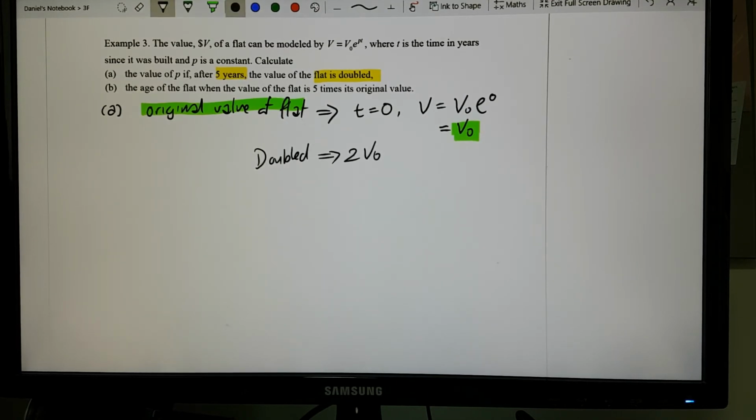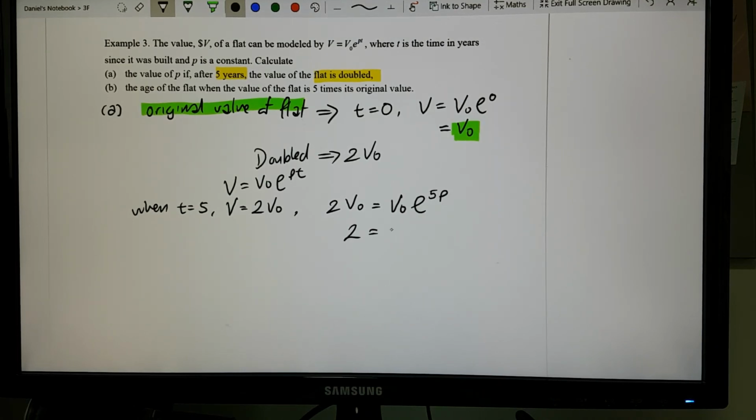Understand? So now we use the equation V equals V0 e to the power of Pt. I will say when t equals 5 years, my V becomes 2 times V0. So I sub in: 2V0 equals V0 exponential 5P.